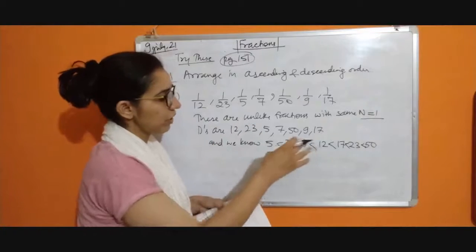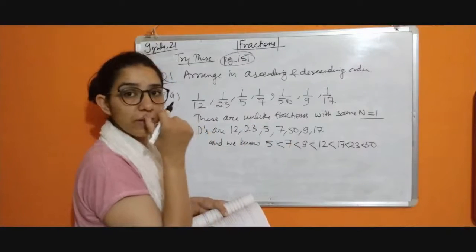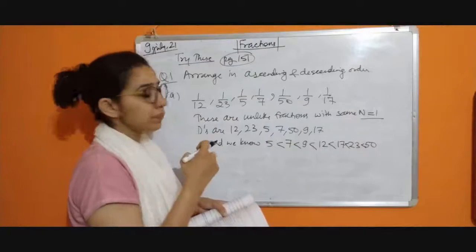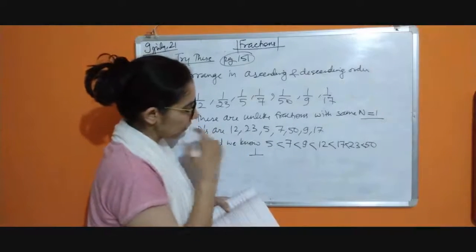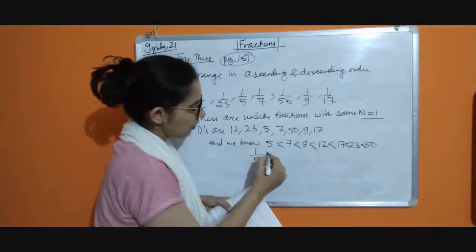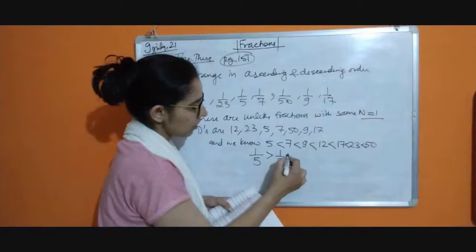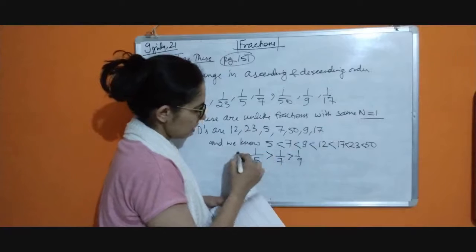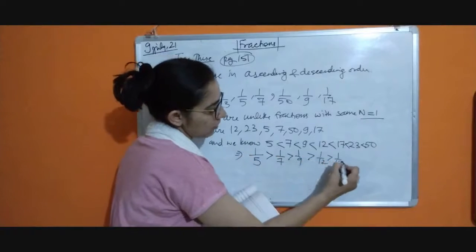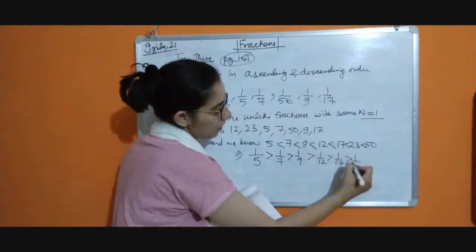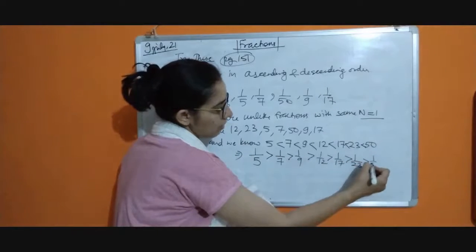So when I put the fractions, 1 by 5 is going to be bigger than 1 by 7, which is bigger than 1 by 9, 1 by 12, 1 by 17, 1 by 23, 1 by 50.